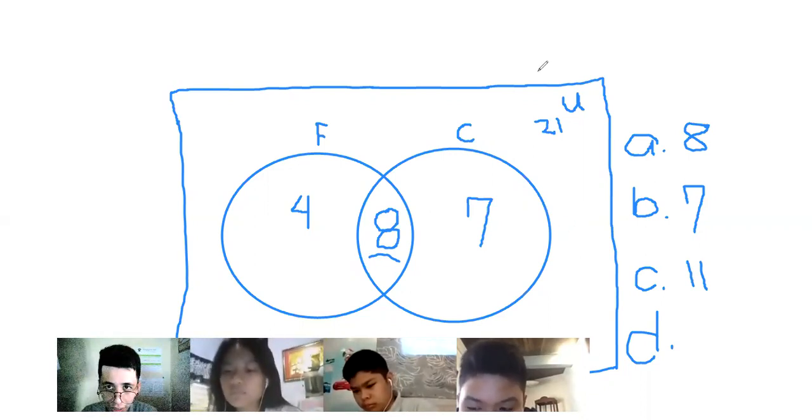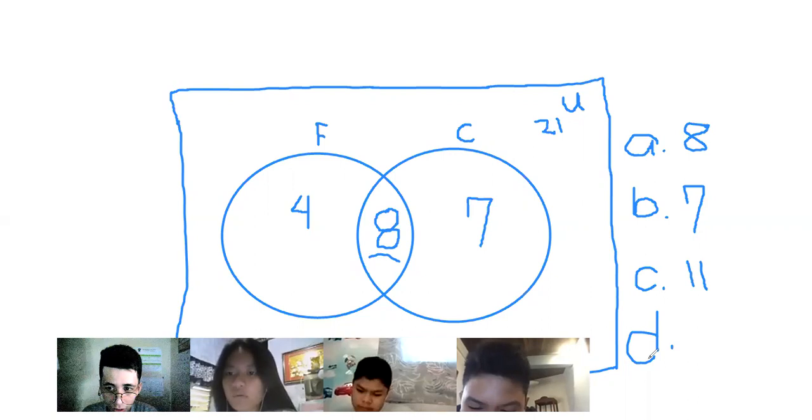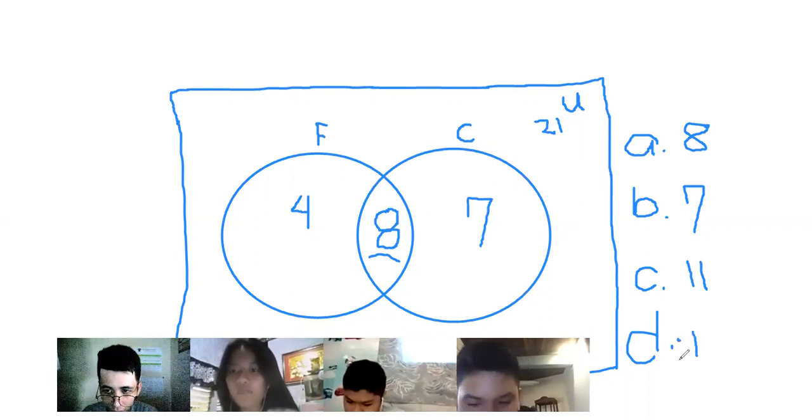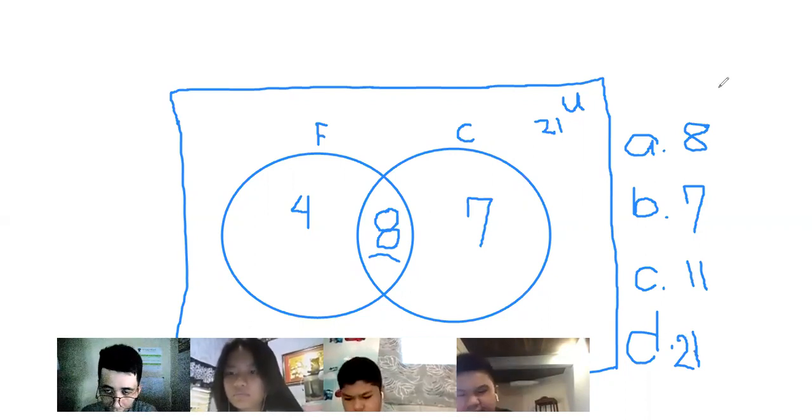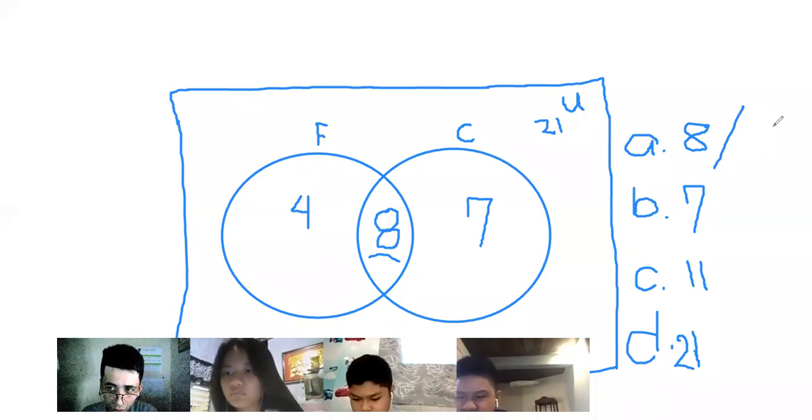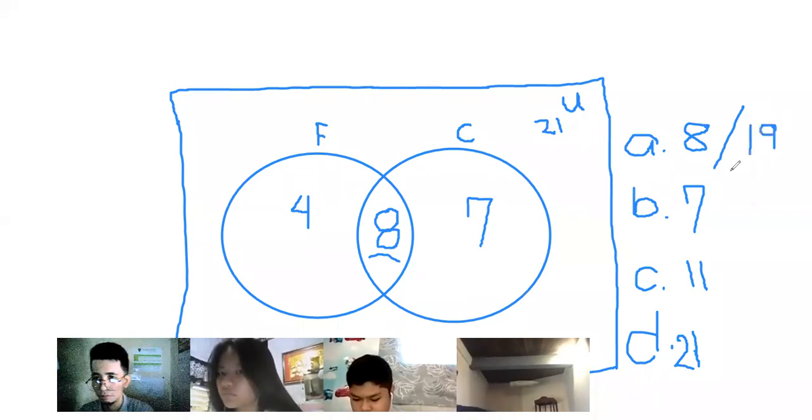So, naintindihan natin? So, sa letter B natin, that is 19 at 21. So, take a screenshot. Dito, nakalagay din 19. 8 or 19. Okay.